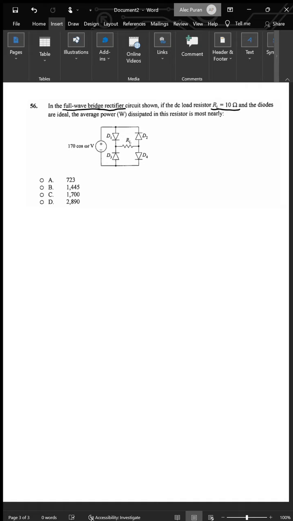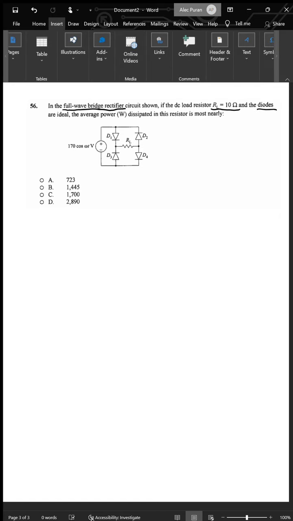The diodes are ideal, and it's asking us to find the average power dissipated. So to approach this problem, we have to know a formula for power. So we are given RL, and we're also given a voltage.